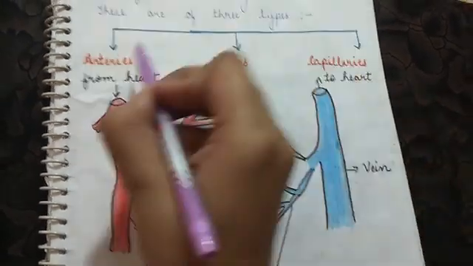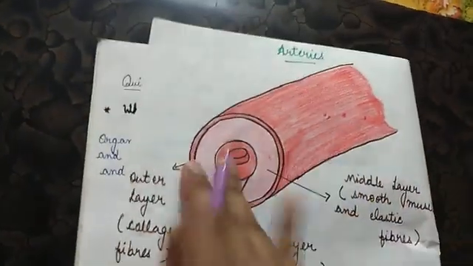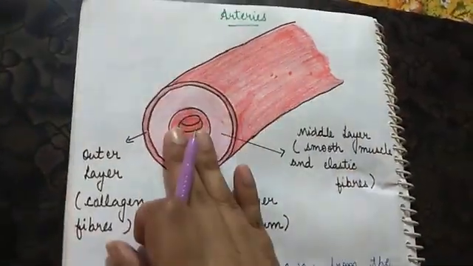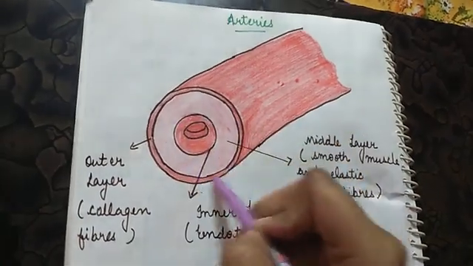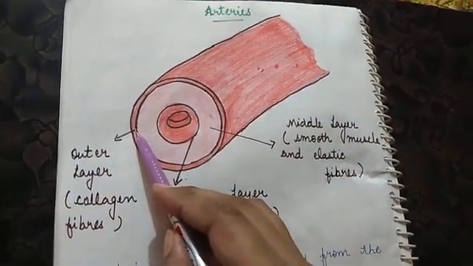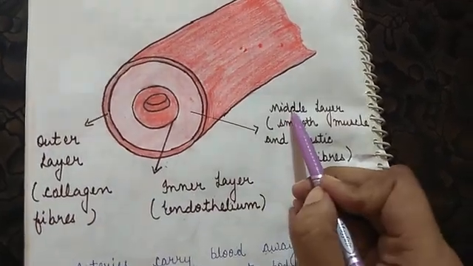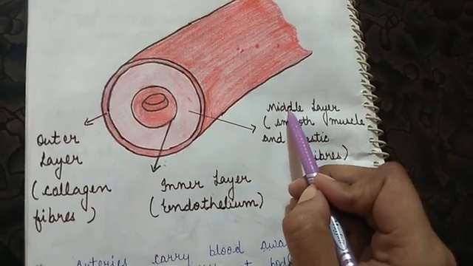Now let us study in detail the function of arteries. Now here you can see this is the structure of artery. A thick wall-like structure which is further divided in three parts, that is outer layer, inner layer and middle layer. What are the three layers?